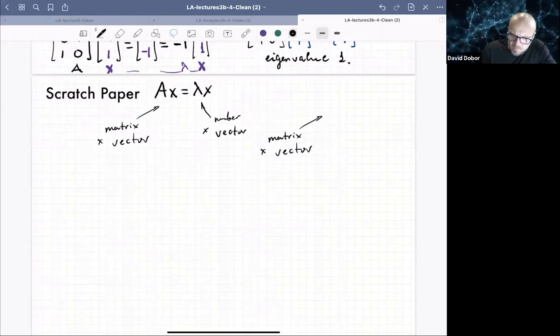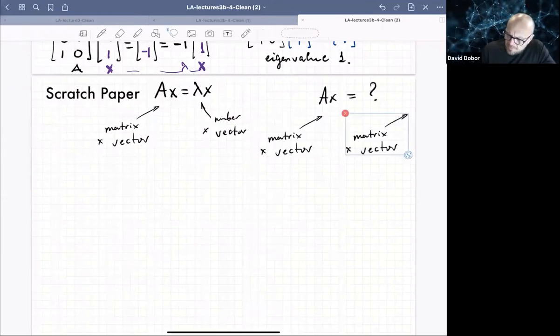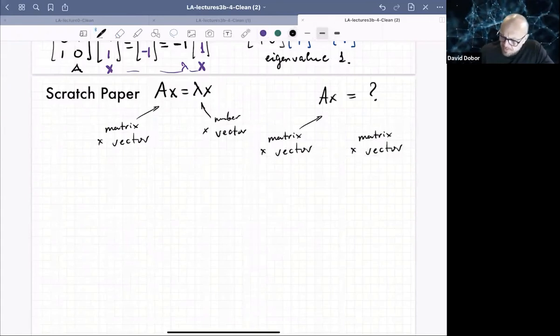This side will be the same, AX, and the other side I also want to have as matrix times vector. Why am I doing this? It will be clear in a second, but first let's think how we can rewrite this that way.